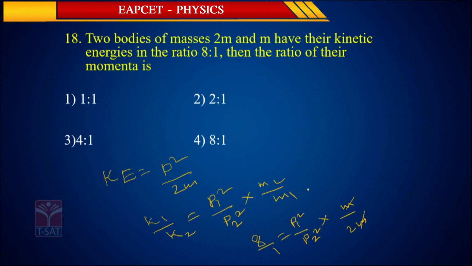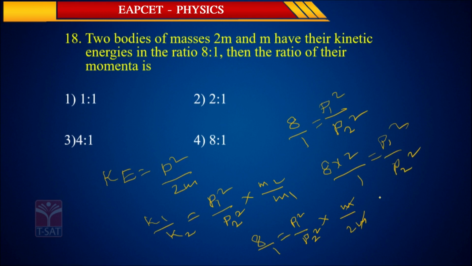So 8 by 1 is equal to p1 square by p2 square into 2. Cross multiplying, that is 8 into 2 by 1 is equal to p1 square by p2 square. Therefore p1 by p2 is equal to 8 into 2, what children? 16.